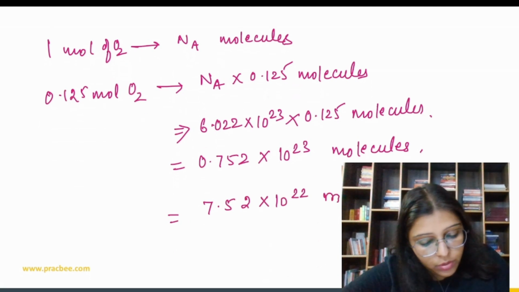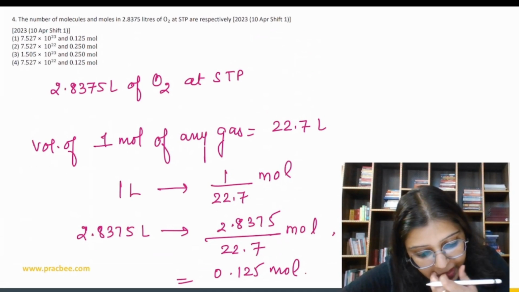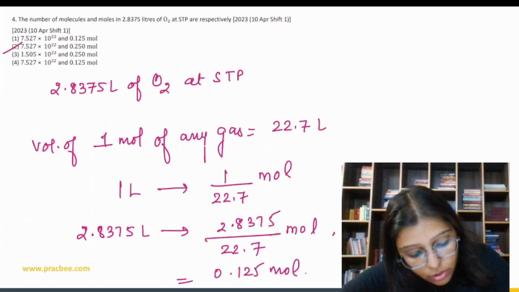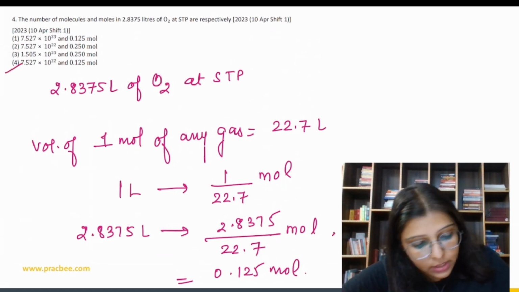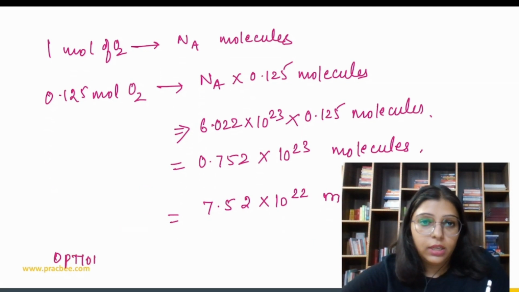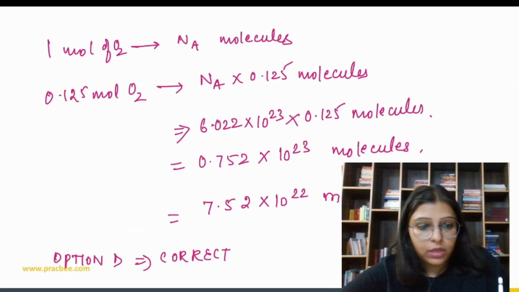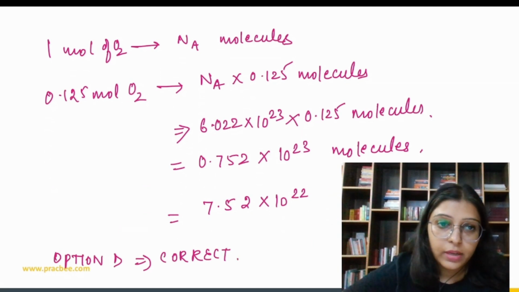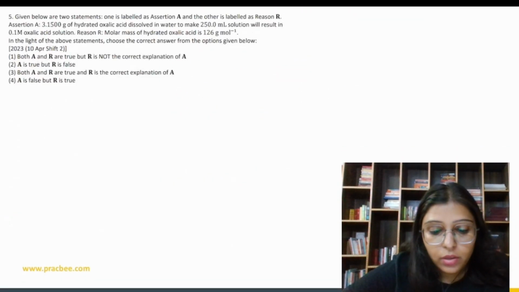So as per the option, we can say 10 to the power 22. So option B is not correct, option D is the correct answer. So option D is correct. Clear? Let's do the next question.